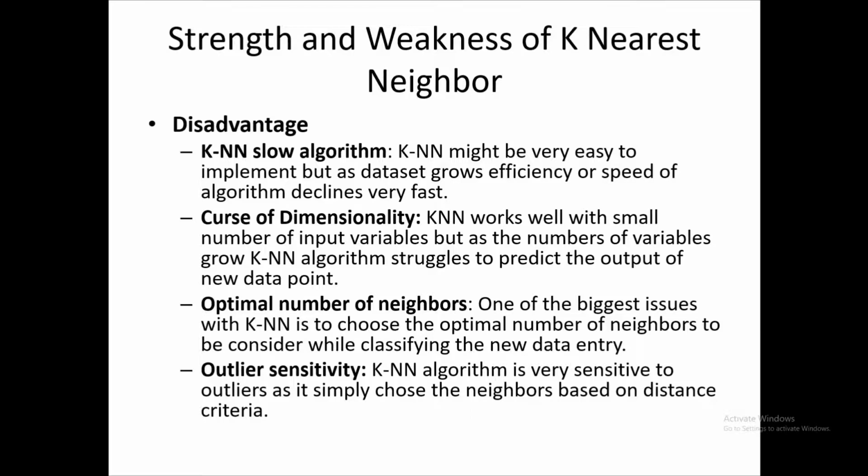The KNN algorithm is very sensitive to outliers, as it simply chooses the neighbors based on the distance criteria. Data with outliers, or data which are labeled wrongly with a different label but at a very far distance, cannot be classified correctly.